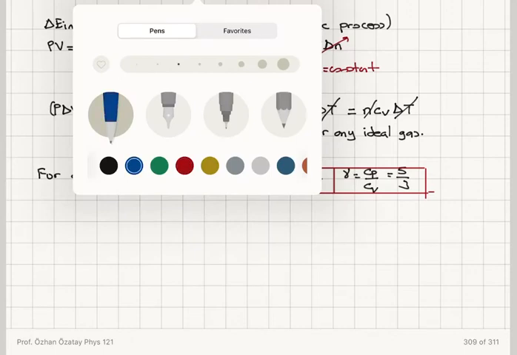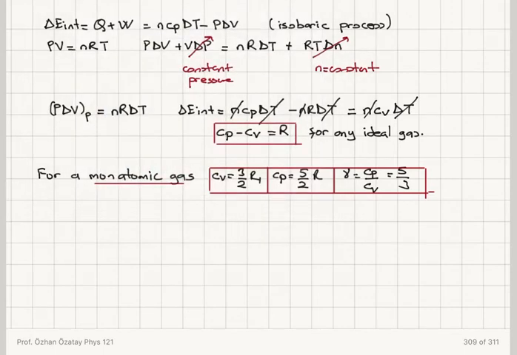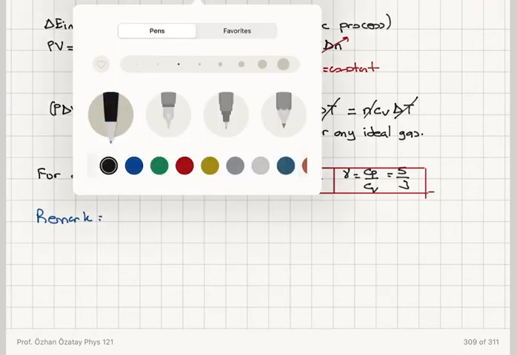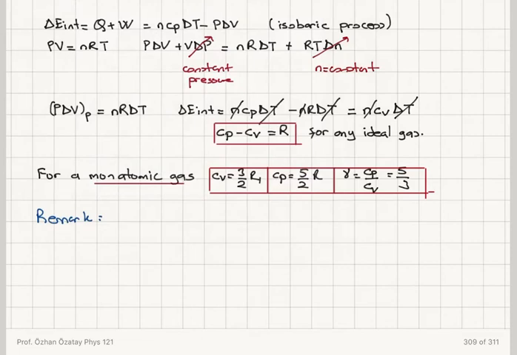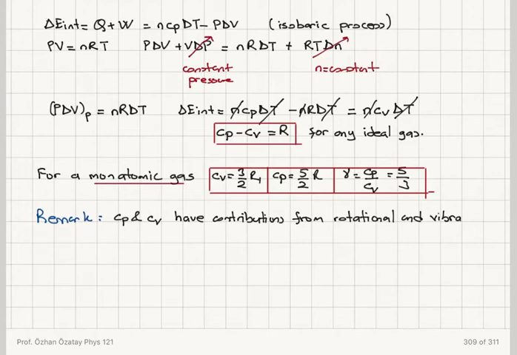Now there are some important remarks here about this result. First of all, in general, Cp and Cv have contributions not only from translations, but rotational and vibrational motions as well.